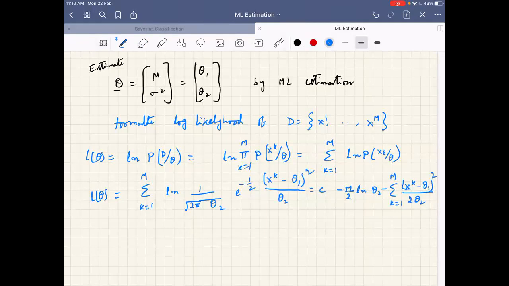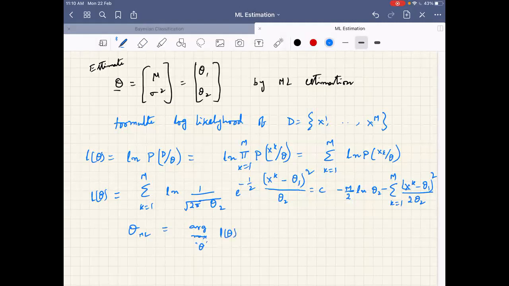So now what do you think I will do? What is the next step? Partial derivative. Yes, I have to find theta star, or theta ML. Instead of writing theta star, I will write theta ML, which is the arg max with respect to theta of L of theta.